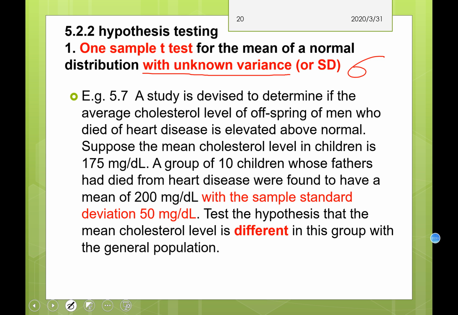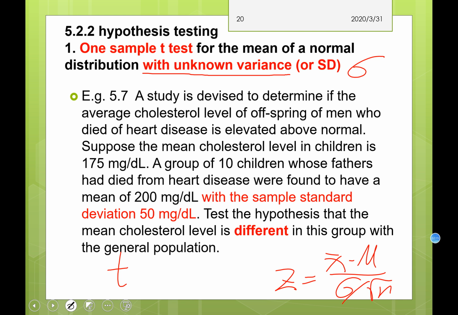I think I have mentioned that in the last hour. We said, how can we get T distribution? T distribution is from Z distribution. And in the Z distribution, we said that sigma is given.